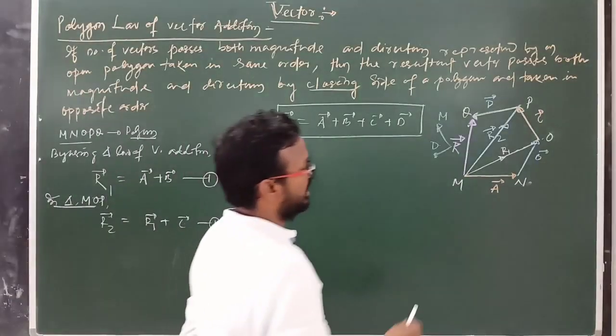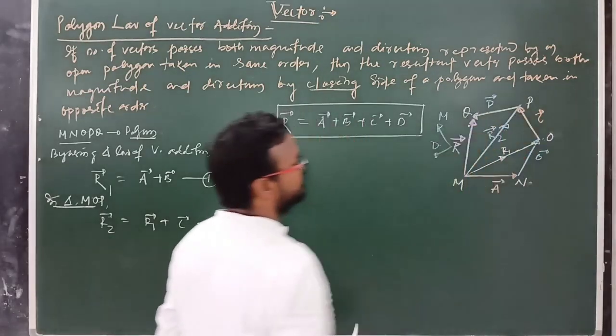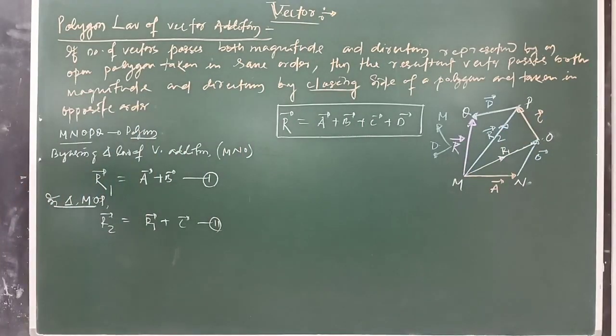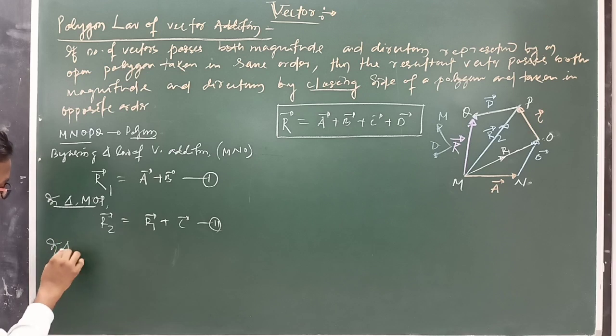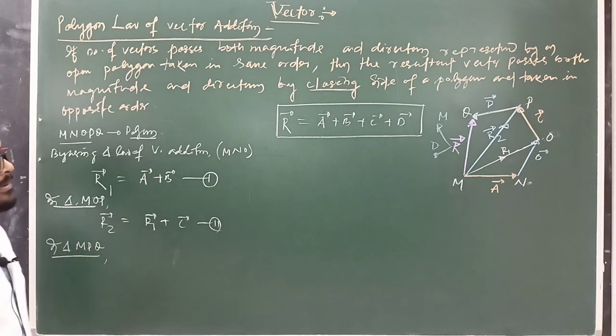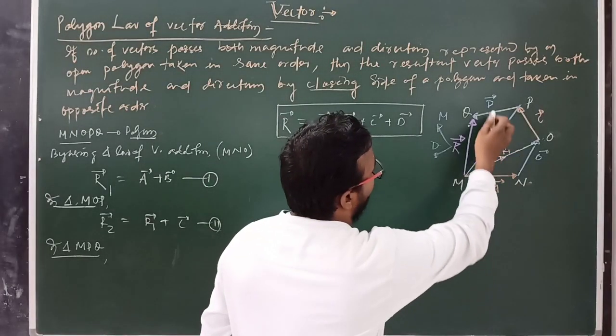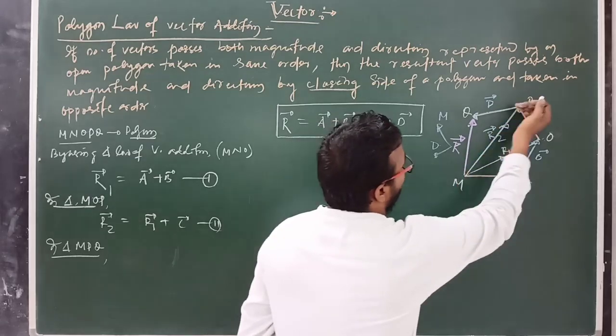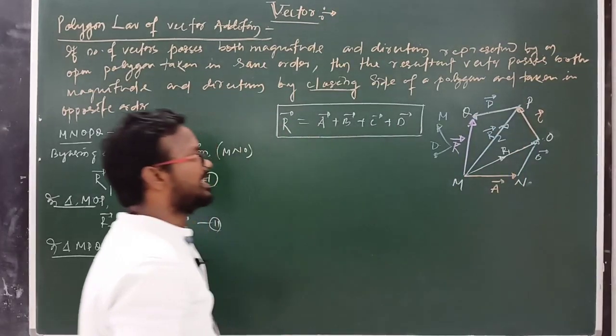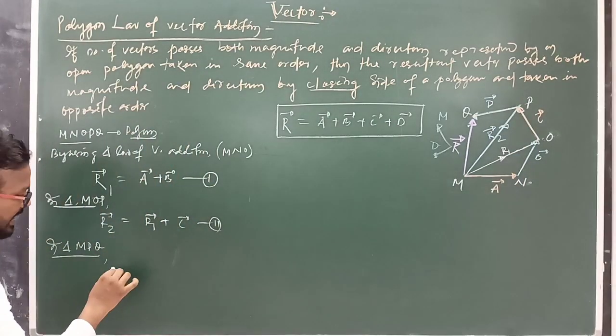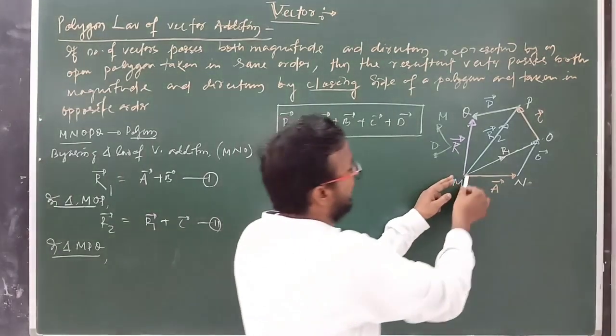Similarly, here is another triangle MPQ. In this triangle, if we use the triangle law of vector addition, R2 vector and D vector are in the same direction. So we can write the resultant vector, this is the R vector.